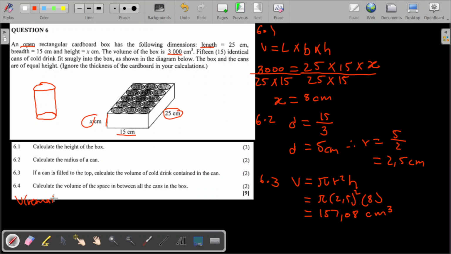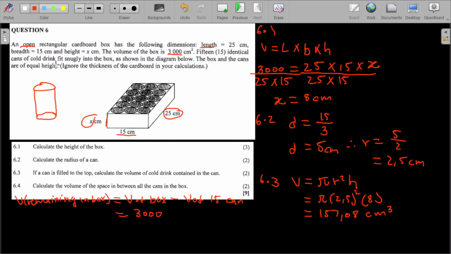The volume remaining in the box is equal to the volume of the box minus the volume of the 15 cans. The volume of the box, they gave us, is 3,000.